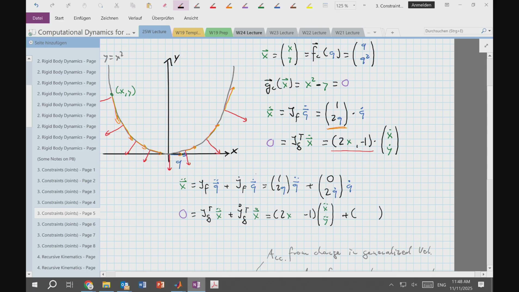Who can help me with this quickly? This is Jg. What is it? Its time derivative?